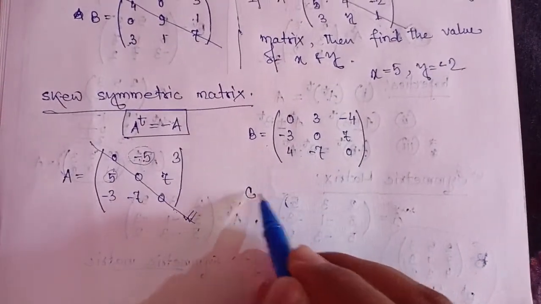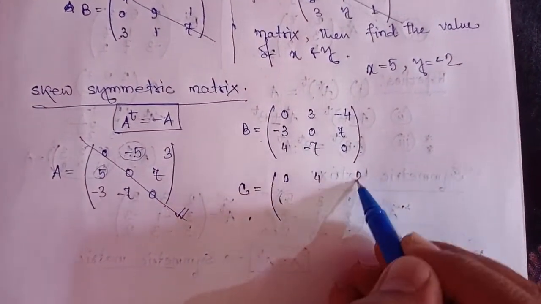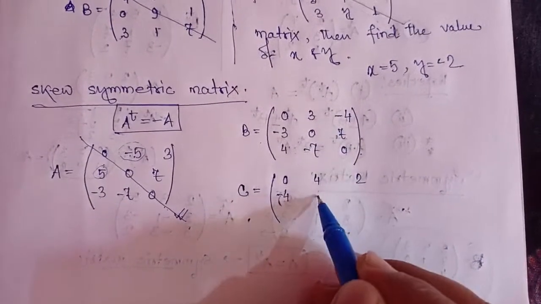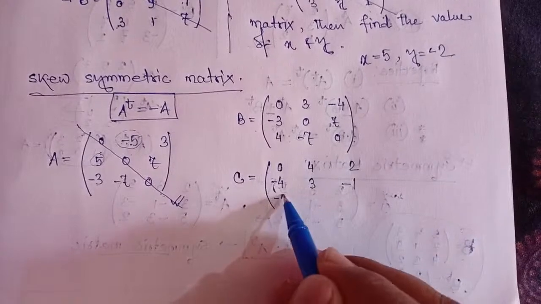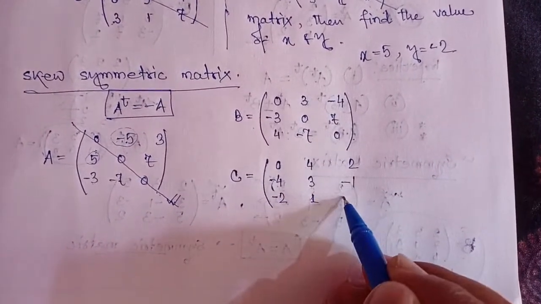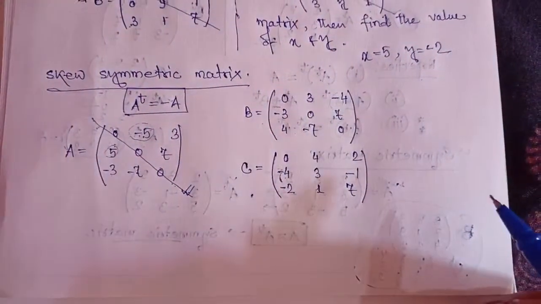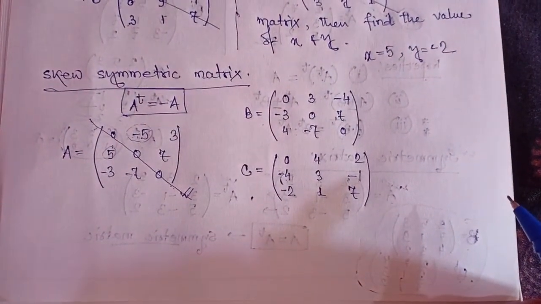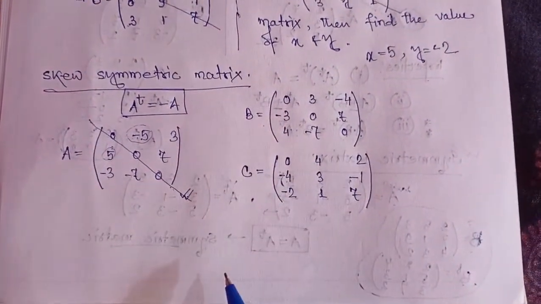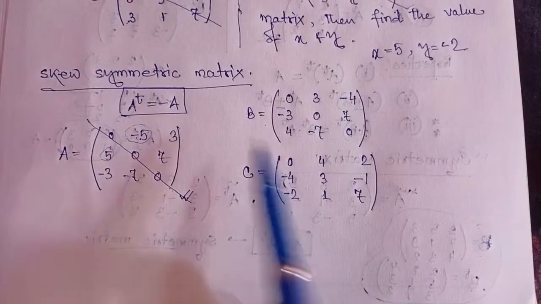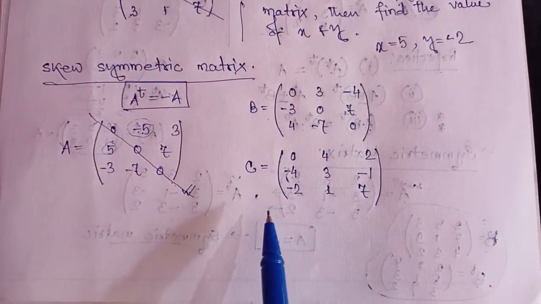I am giving one more matrix, C equals 0, 4, 2, -4, 3, -1, -2, 1, 7. So what about B? Is B symmetric, skew-symmetric, or not? By the definition you can go, but I am asking about the short trick which I have shared.